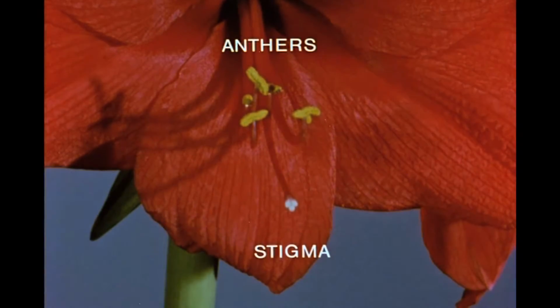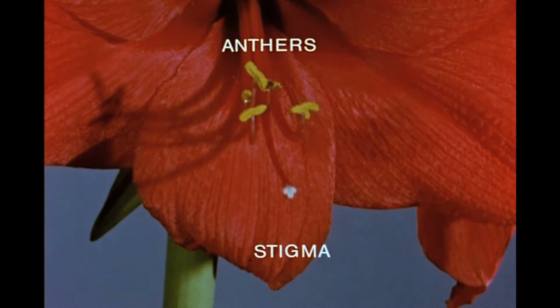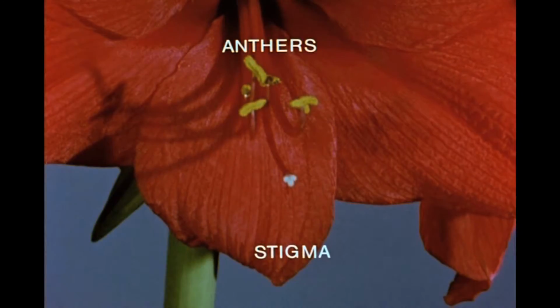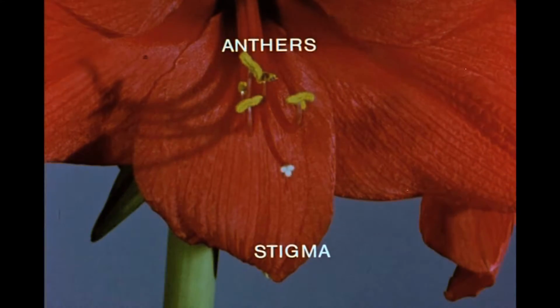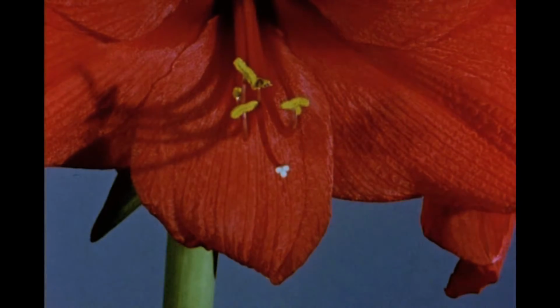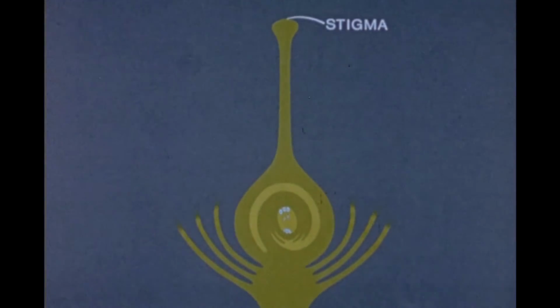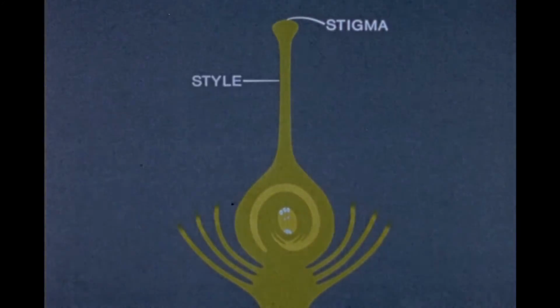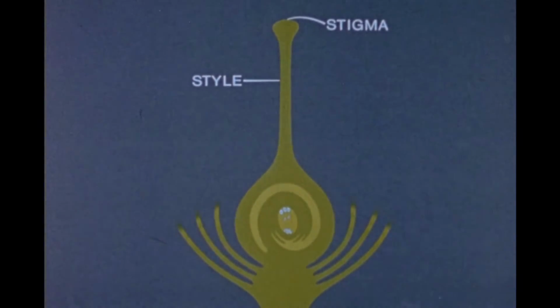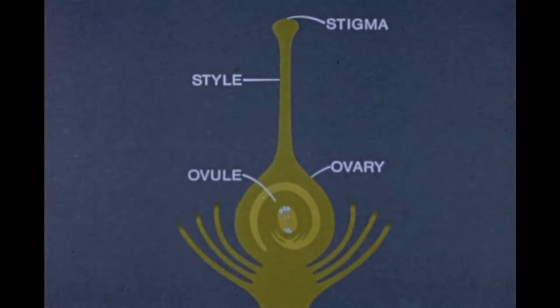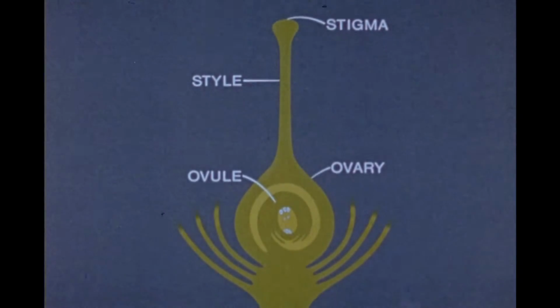In the mature flower of amaryllis, when the anthers burst, pollen grains are liberated. The female part of the flower is the pistil, which consists of the stigma, the style, the ovary, with one or more ovules.